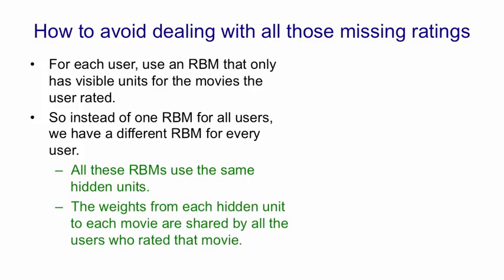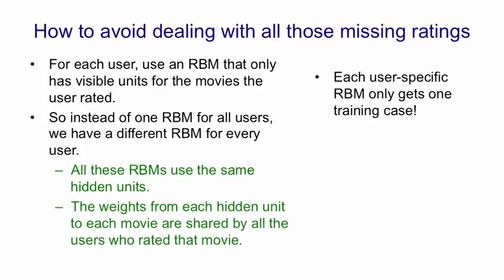And that's lucky, because for each user we only get 1 training case. We make this specific RBM for each user with the right architecture, that is the right number of visible units for the movies that the user rated. And now there's only 1 training case, which is that rating vector. But all of these 500,000 training cases share weights to hidden units, and so the learning works fine.